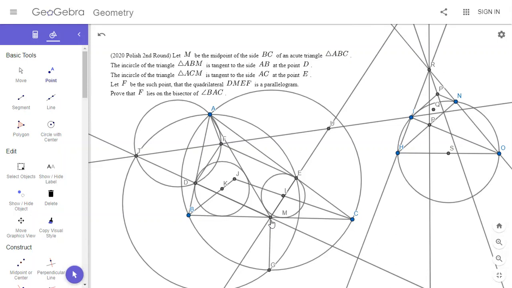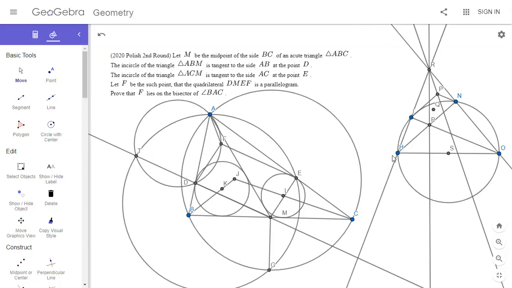Now I'm thinking it might be like a special case of this. Yeah, so I wonder if showing P, D, and M are collinear is enough to solve the problem. Let me delete a couple things. So we have angle FAB is angle FTD is angle FTM.